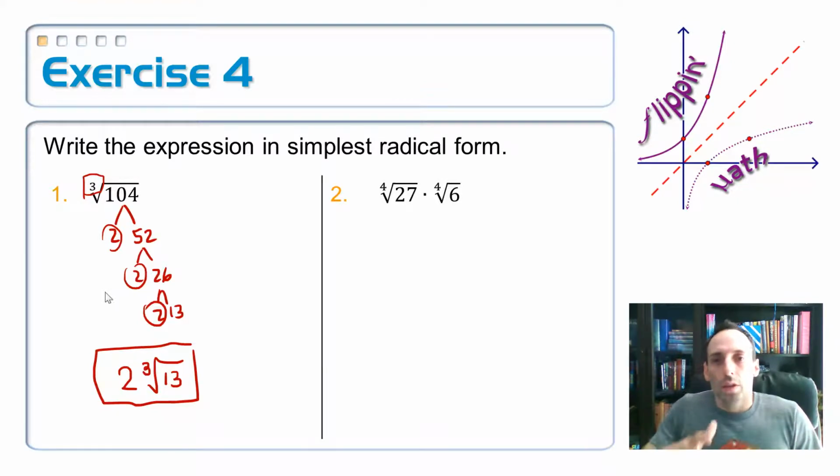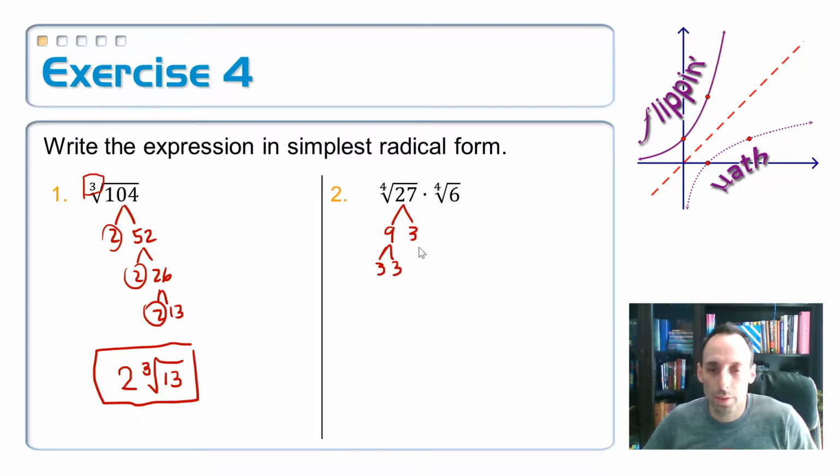Okay, so on the number 2, you don't have to multiply those 2 numbers together because you're going to have to make a factor tree of the final product anyway, so why don't we just make it with the smaller numbers. Like, for example, this is 9 times 3, which is 3 times 3. And over here on 6, I've got 3 times 2. Let's count up all those factors of 3.